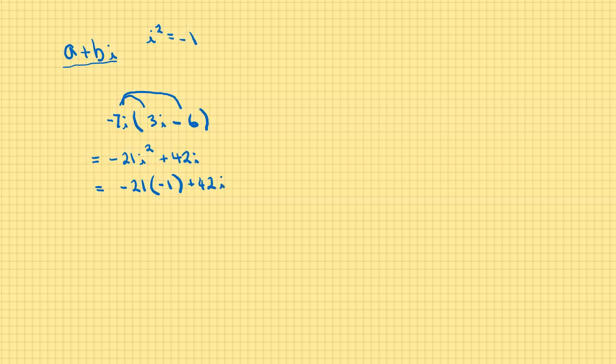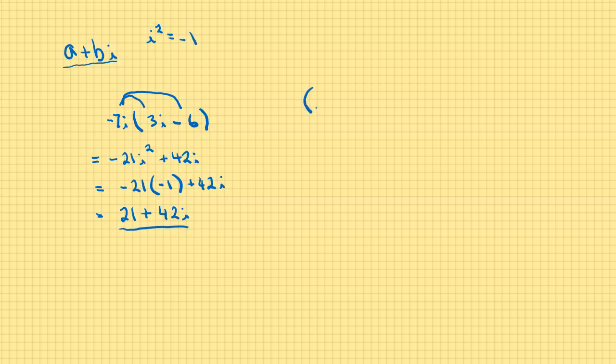And we're almost done. -21 times -1 is just 21. So here's the answer in standard form. It's 21 plus 42i. And we're done.